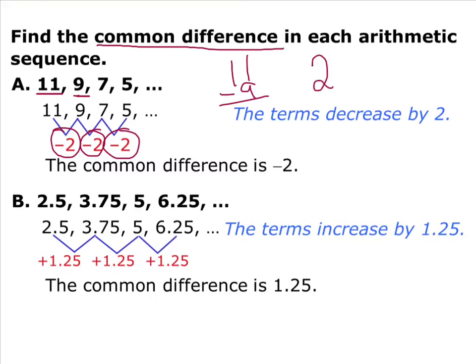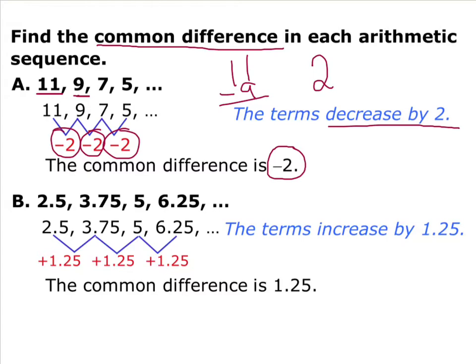Since that's 2, we know that the common difference is going to be 2, because each time we decrease by 2. Okay, pretty simple. And since we're decreasing, we would illustrate that with a negative 2. If we're increasing, then it would be positive.